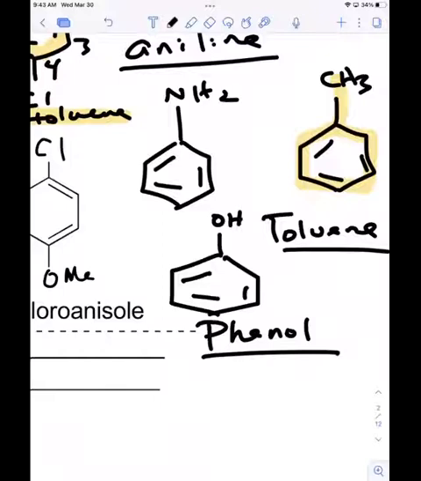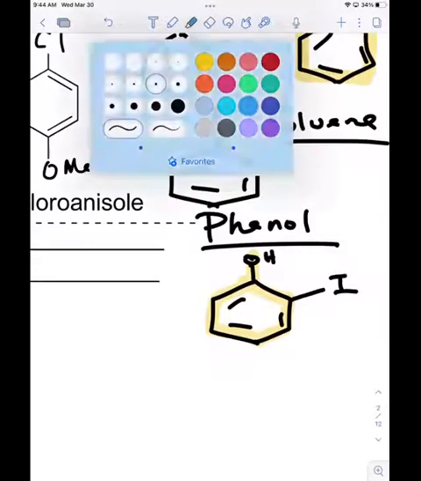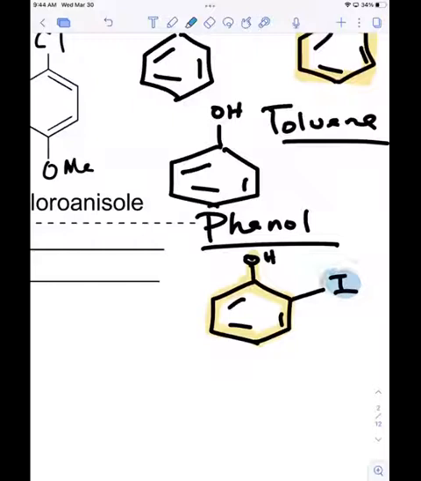You stick a group on that ring. This is the phenol group, and then the iodine is attached to that. So how will we name that? What's the relationship between the OH and the iodine?